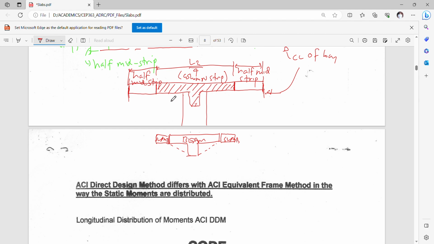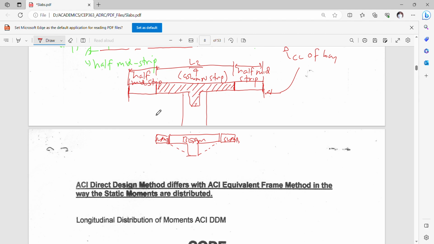So they behave differently, but they contribute to the stiffness and resistance given the static moment distribution that is used on the basis of what method you want.